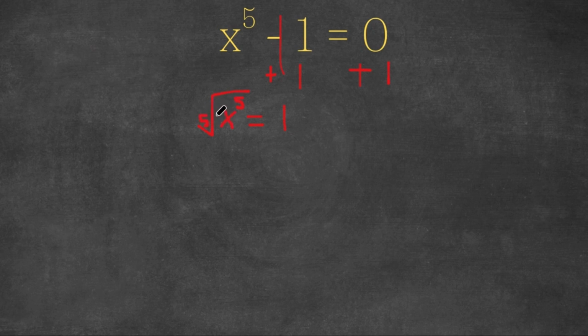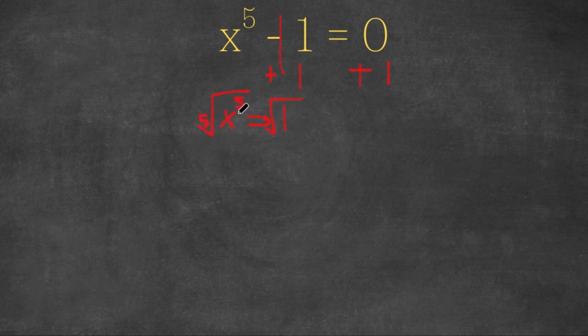And that would result in both of these canceling out, because remember, opposites cancel out, just like minus 1 and plus 1 cancel out. So what we do on one side, we do on the other side. So we're also going to do the root of 5 on this side.